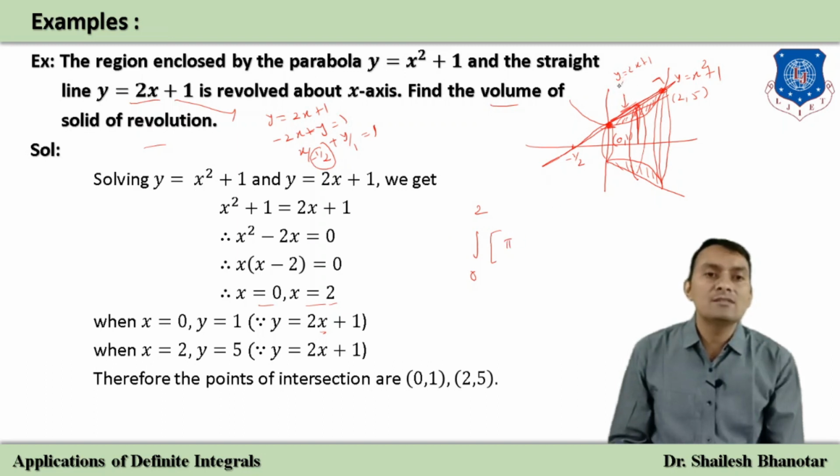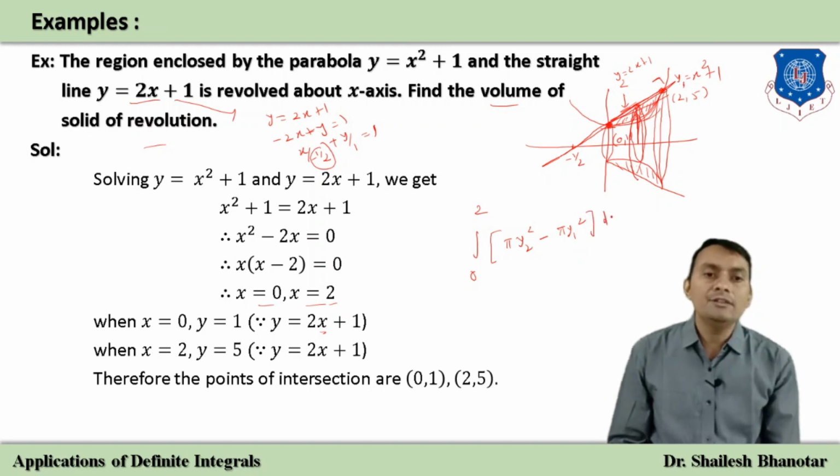If I say this is y2, I can say this is pi y2 square minus, and this is the innermost, so the radius is parallel to the y-axis, and it touches this curve, so I can say pi y1 square. So this is y2 and this is y1.